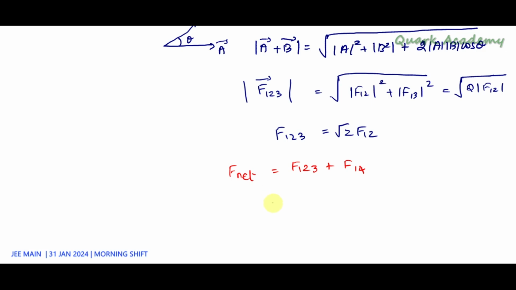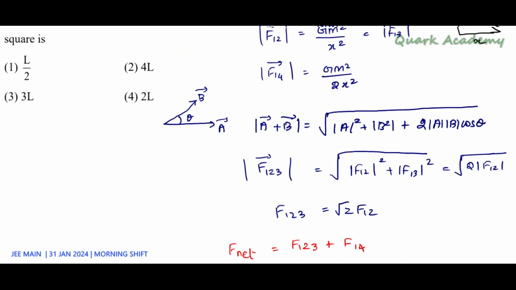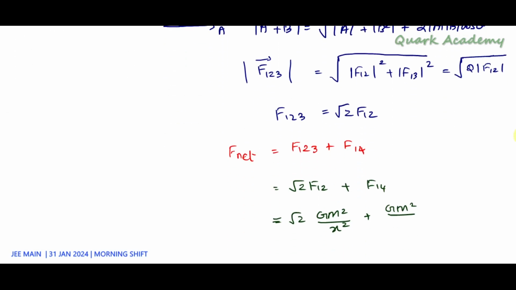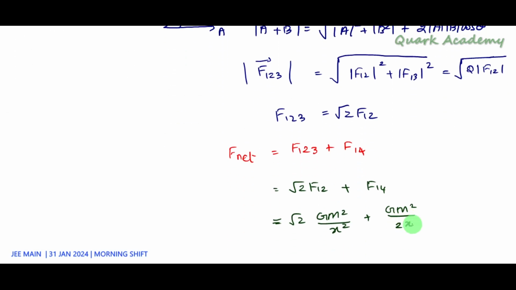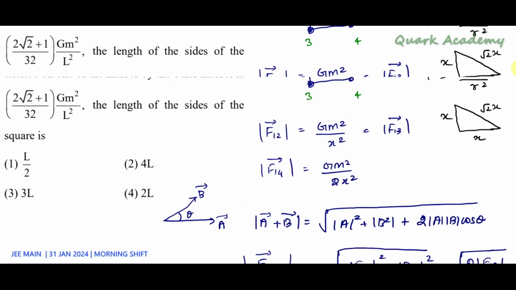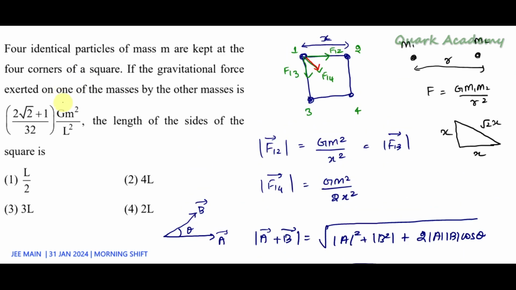I'll substitute here. This is root 2 F12 plus F14. So root 2 F12 is Gm squared by x squared, plus F14 is Gm squared by 2x squared. If we look at the question, they have written something multiplied with Gm squared by L squared.